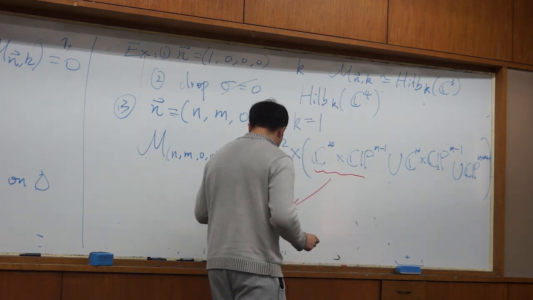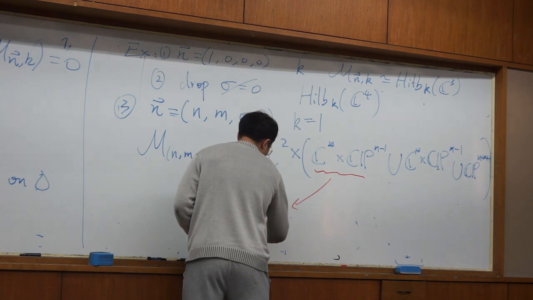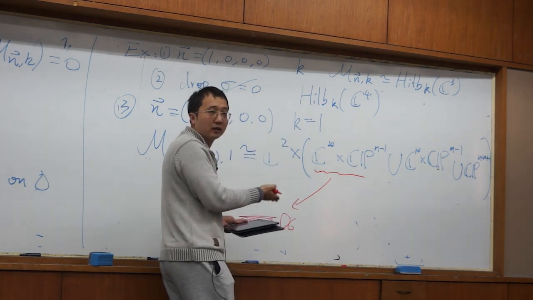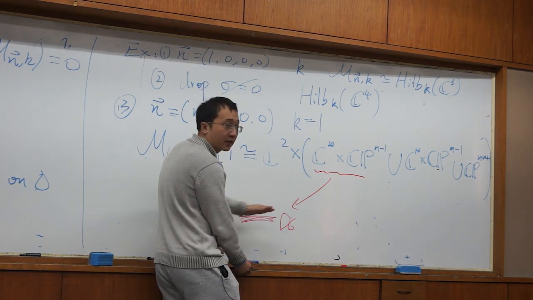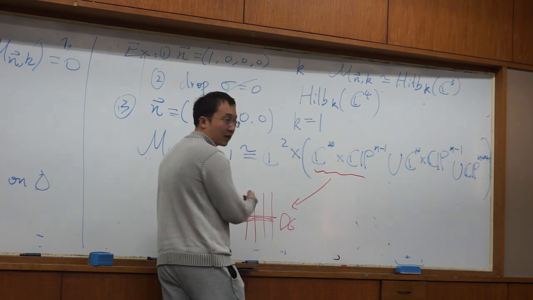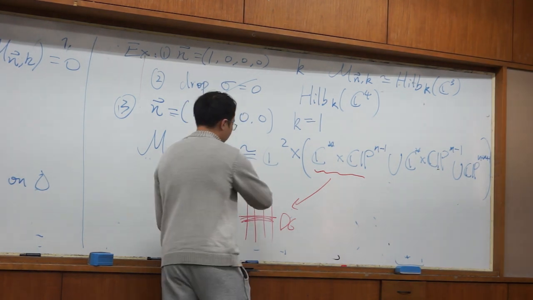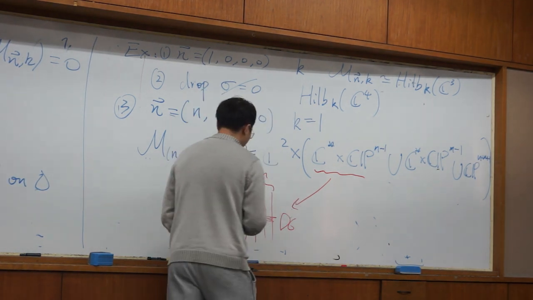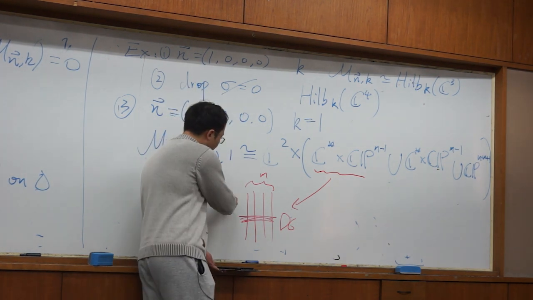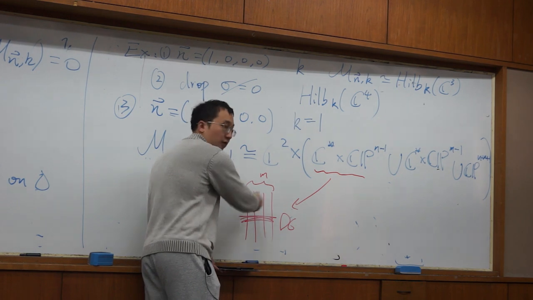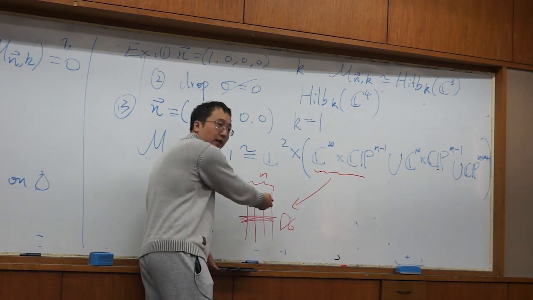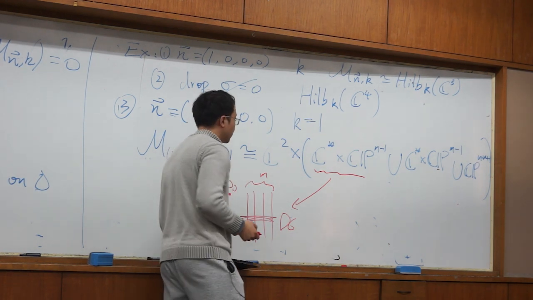This component roughly describes the situation where all the D6 branes in one direction are just stacked at the same place, and the D6 branes in the other direction are separated, and you are counting the distance between the D0 brane and all the D6 branes.